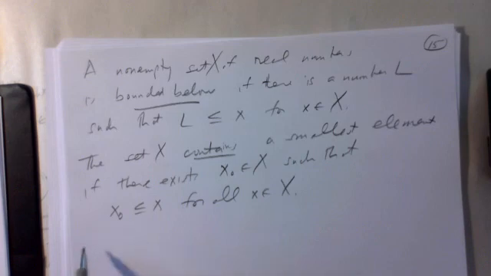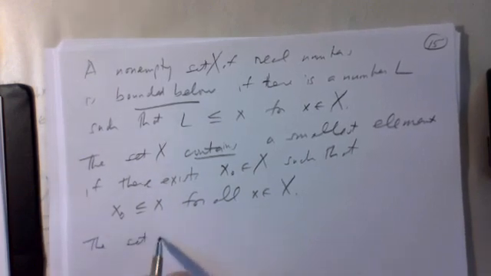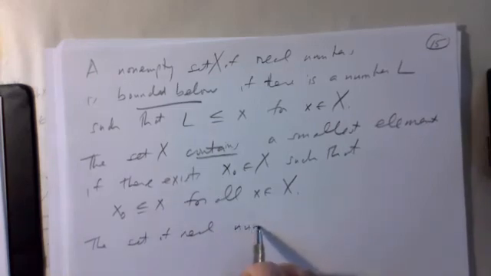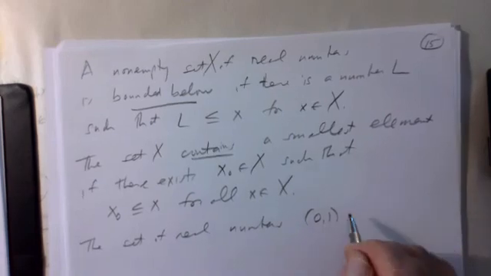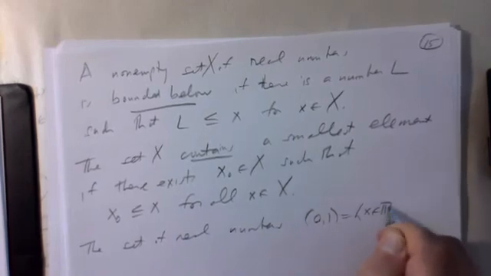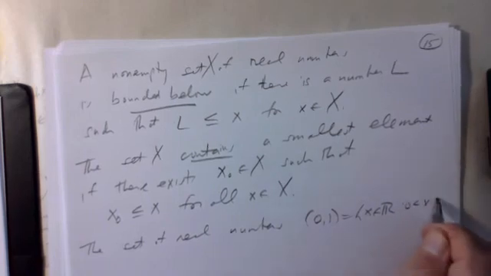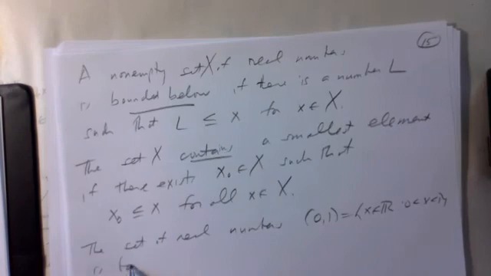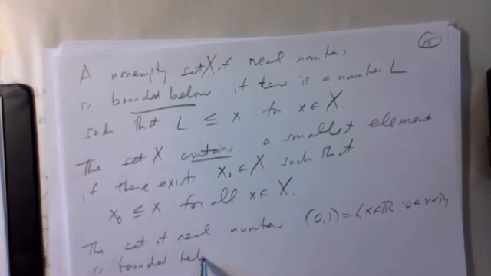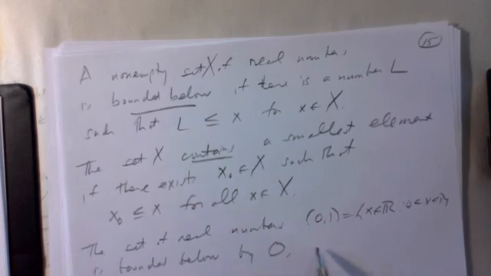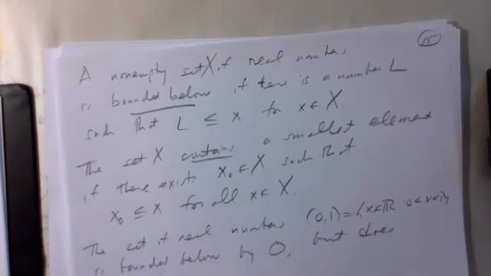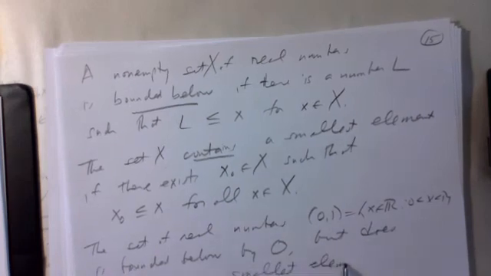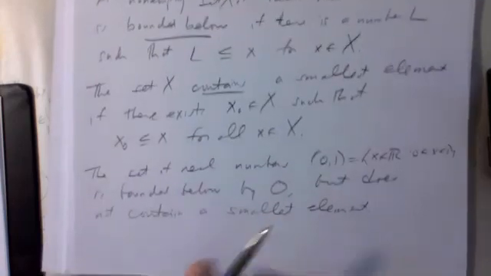For example, the set of real numbers, well, in calculus, we know it as the open unit interval, all real numbers x such that x is between 0 and 1, is bounded below by 0, but does not contain a smallest element, because 0 is not in the set.